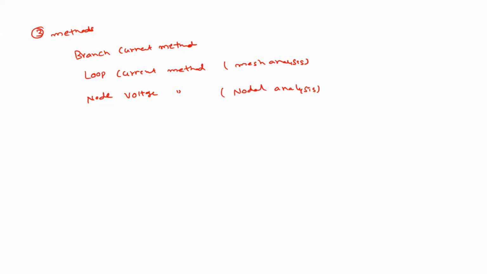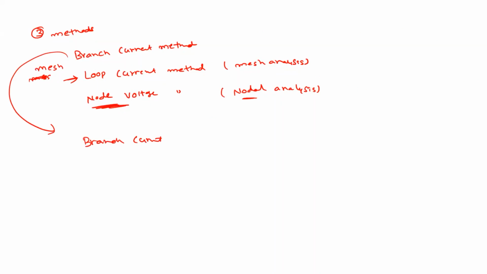In some books they mention it as the mesh current method, also known as loop analysis. This is known as the node voltage method or node analysis method. First we'll start with the branch current method.